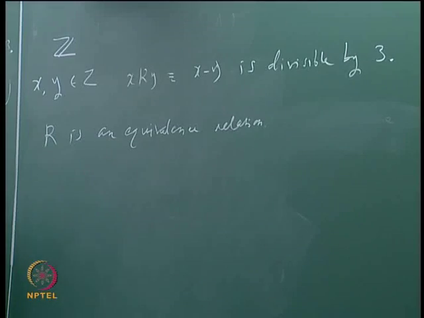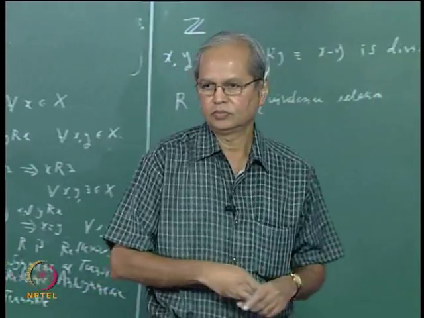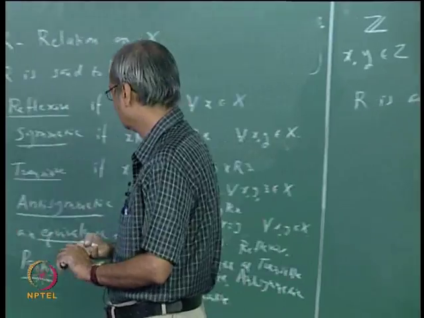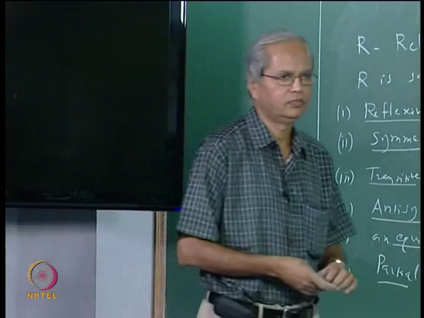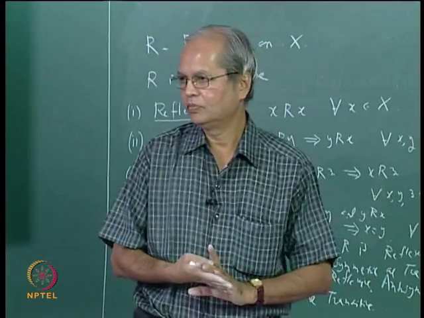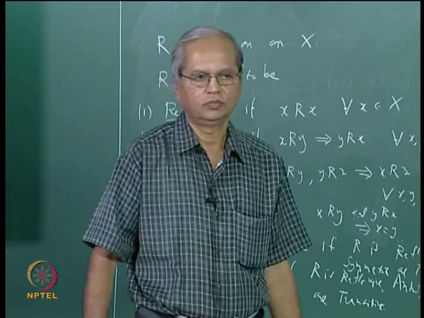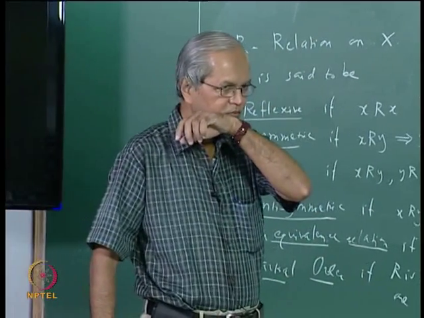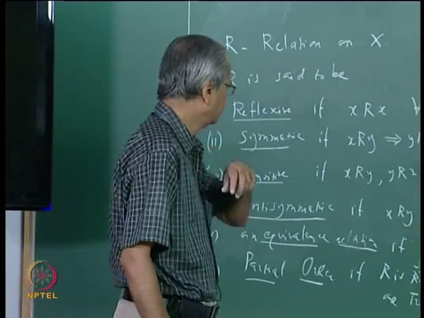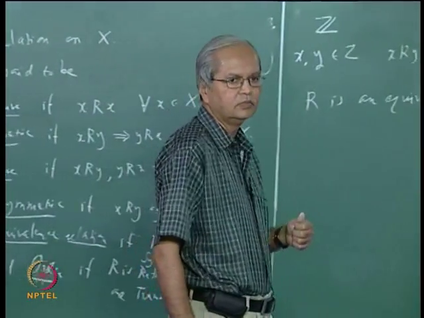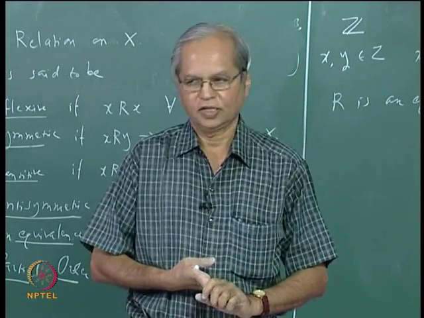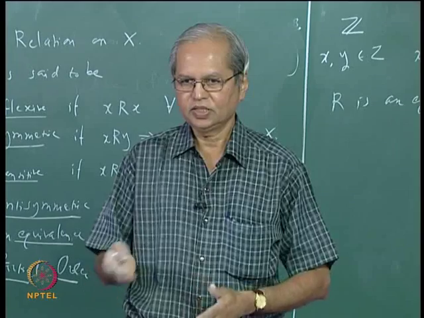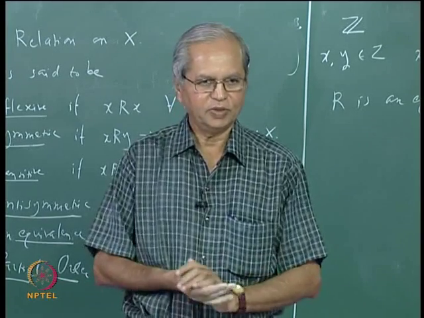Is it also antisymmetric? 3 minus 6 is divisible by 3, but 3 and 6 are not equal. 3 is related to 6, 6 is related to 3, but they are different elements, right?